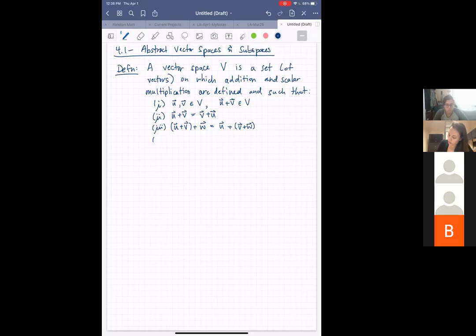For number 4, we have some vector that is the 0 vector, so there exists a 0 vector, which we will still denote 0, in our set V, meaning that v plus 0 is equal to v for every vector in V. So it behaves like the 0 vector.